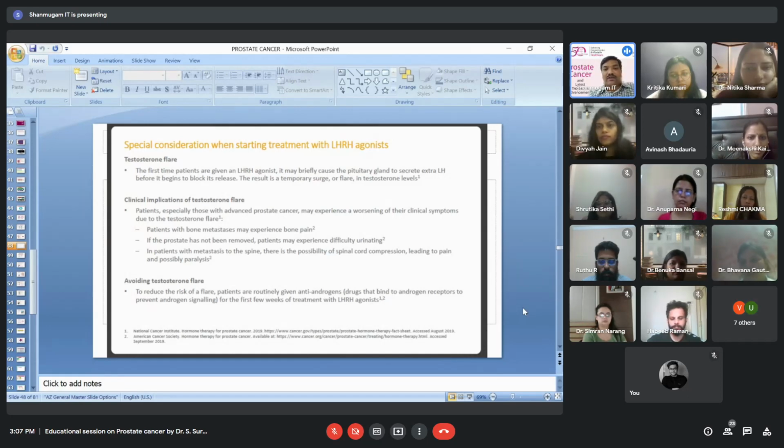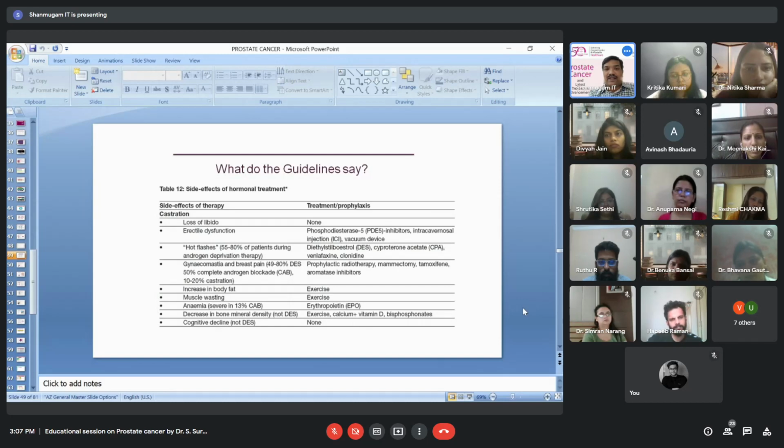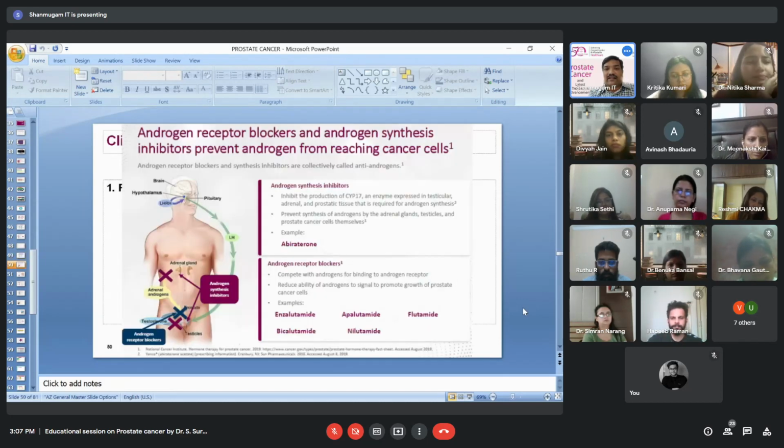If there is a possibility of metastasis to the spine, then there is a possibility of spinal cord compression. To avoid that, we always give a week or two of anti-androgens, most commonly flutamide or bicalutamide, first, and then start with the LHRH agonist. So these are the side effects which we have been treating.